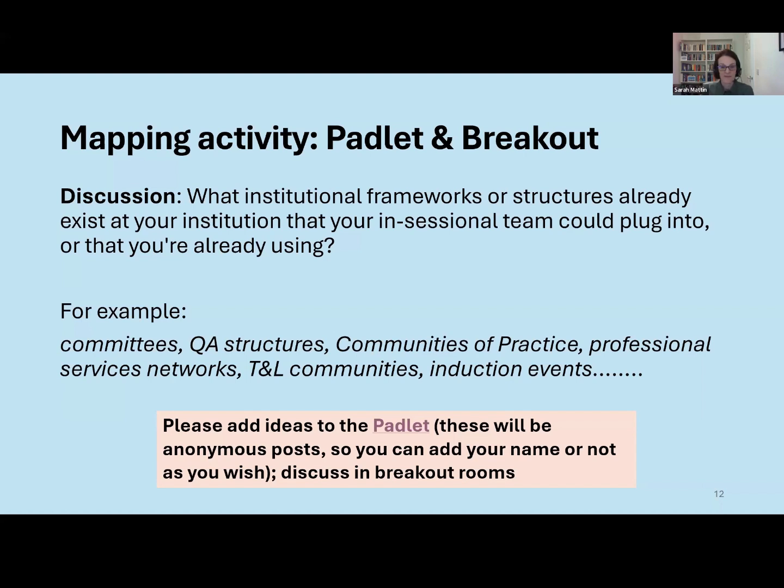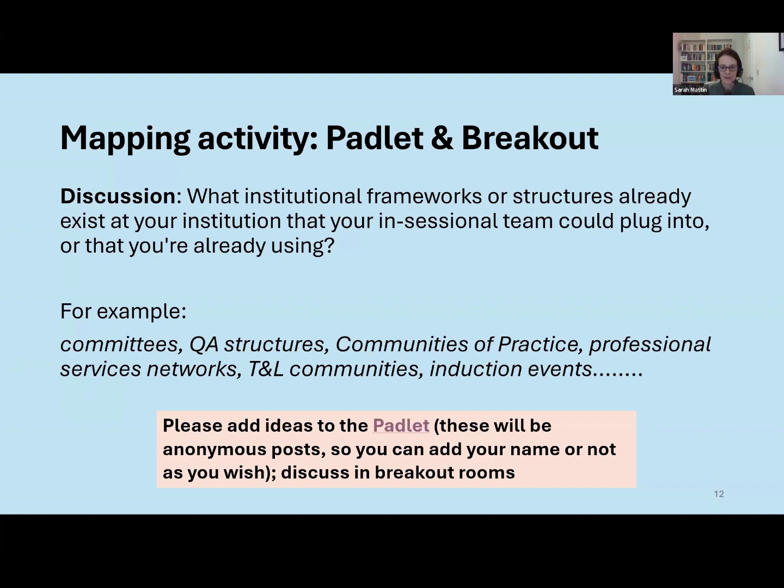If there's anything you want to put in the chat as well, please do. I'll keep going because we've got another sharing activity to do. And I think sharing in plenary on this one, because it's so contextualized, is perhaps not the most useful. But I think that the next activity lends itself a bit more to sharing all together.